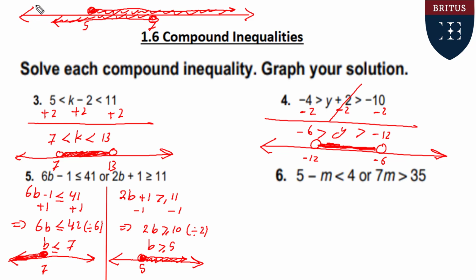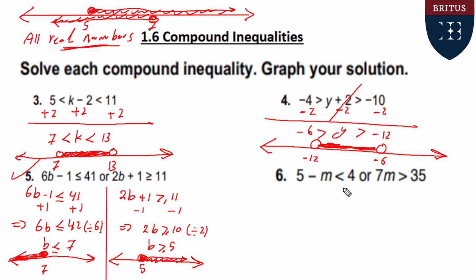Now we have the whole line shaded, or all the real numbers shaded on the line. So we can say the solution of the two inequalities, or the compound inequality, is all real numbers. Go to next.